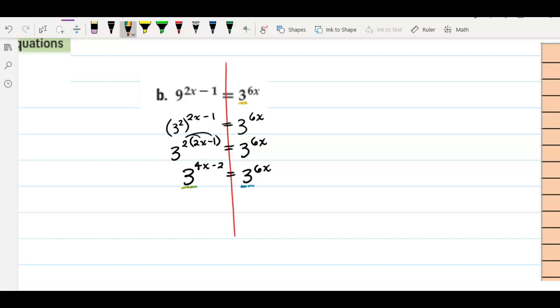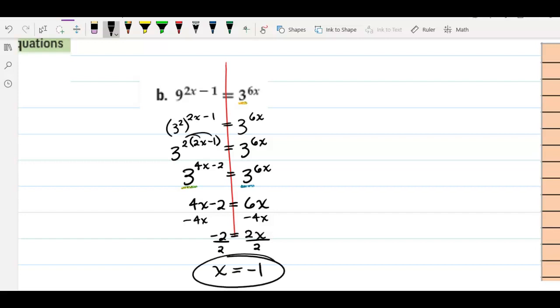Therefore, we can set the exponents equal to one another. 4x minus 2 equals 6x. Solving by subtracting 4x from both sides, I have negative 2 equals 2x, and dividing by 2, x equals negative 1.